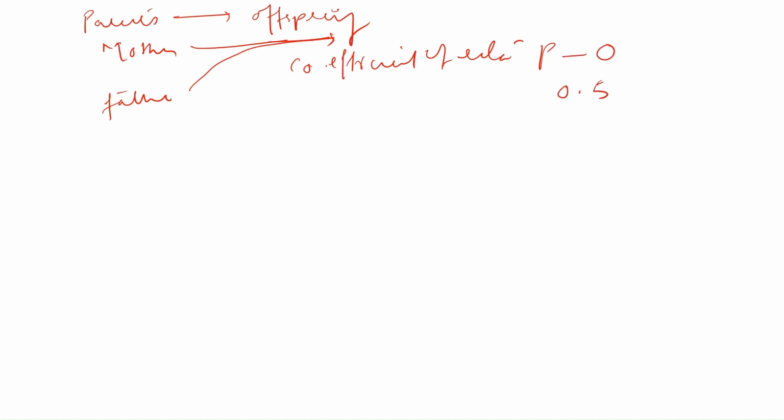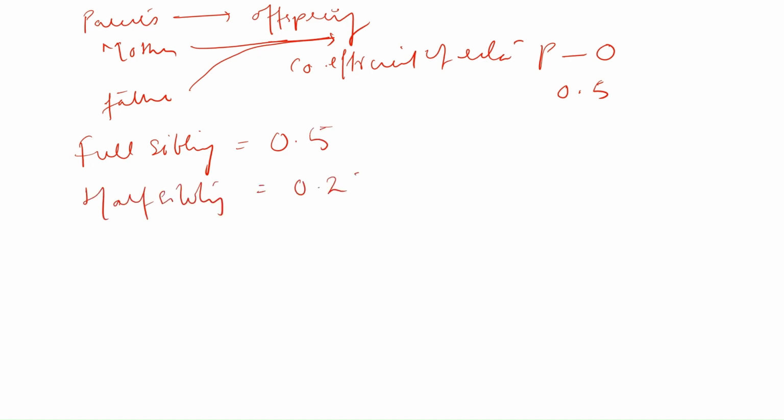Similarly, between full siblings, the coefficient of relatedness is again 0.5. Between half siblings, on average, it is 0.25. This we learned. Now today in this class, we'll learn how to calculate the coefficient of relatedness between two people.